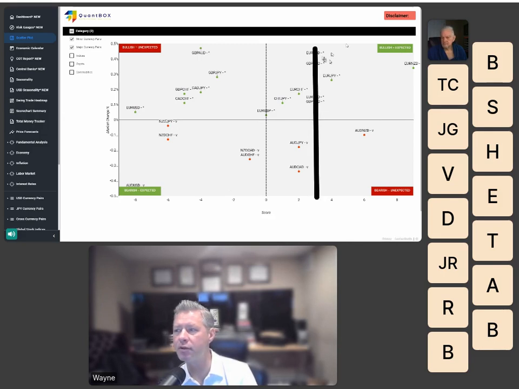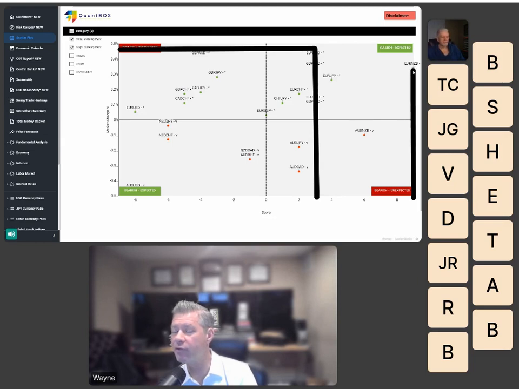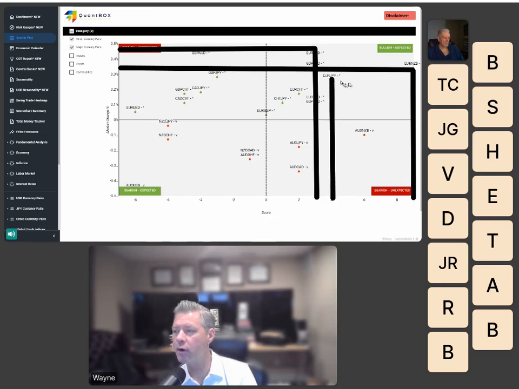And it's producing today. It's one of the highest producers, and it's got a decent score. Euro Kiwi is very, very bullish and producing quite well. Euro Yen, score 4, and producing quite well.